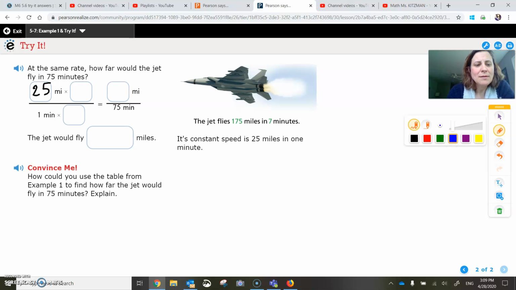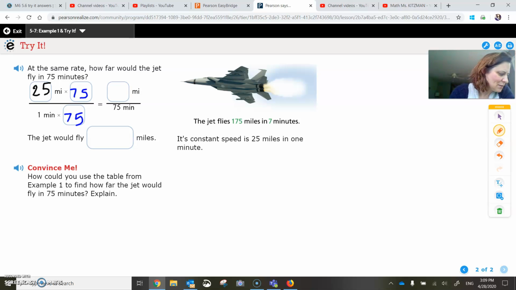To get 1 to become a 75, we multiply it by 75. And whatever you multiply the bottom by, you also have to multiply the top by. 75 times 25 is 1,875 miles.